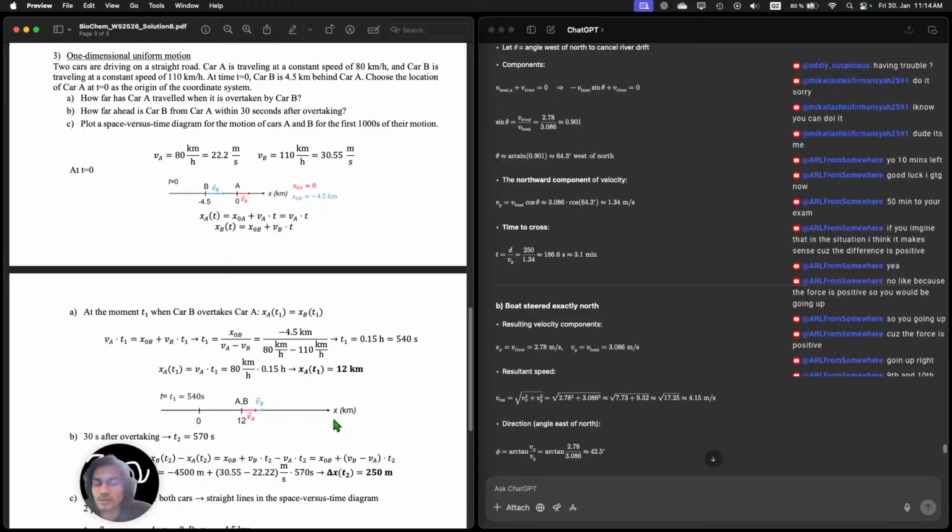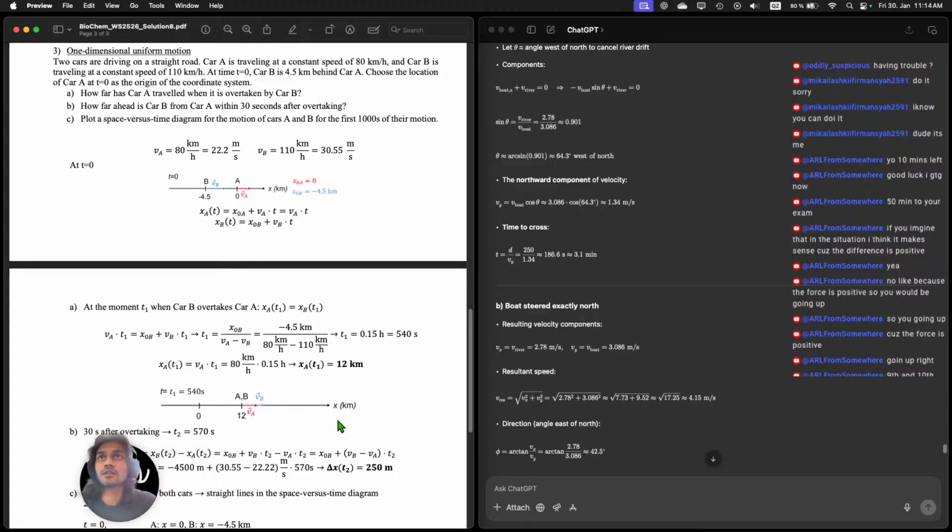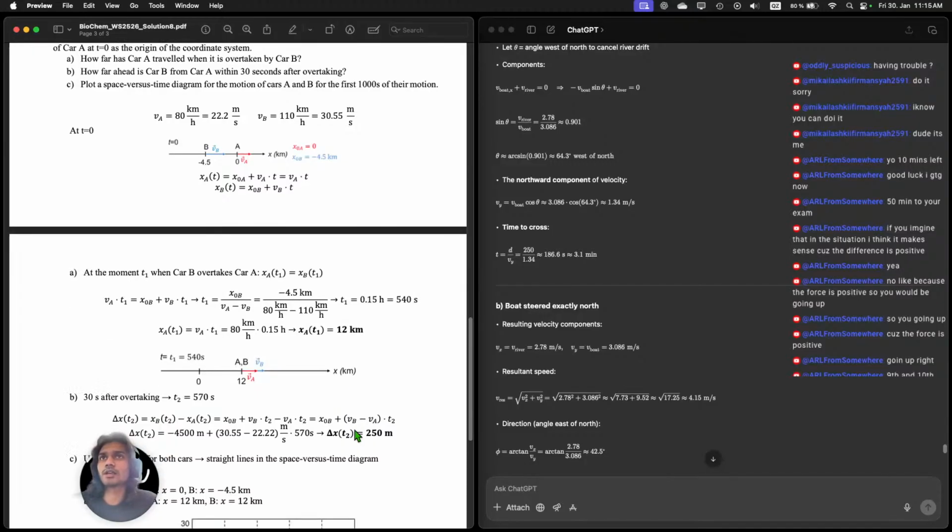We have to convert it. 110 to 5, 30 seconds divided by 2. Yep, 15.27. According to my calculation, it should be 15.27 meters.